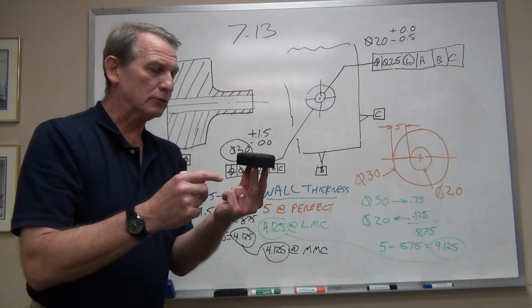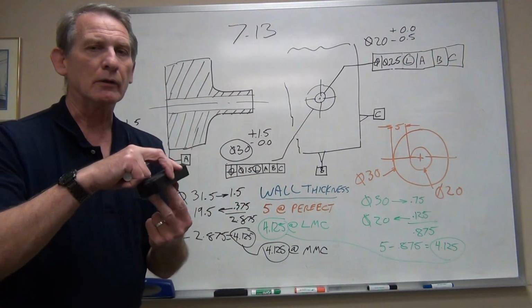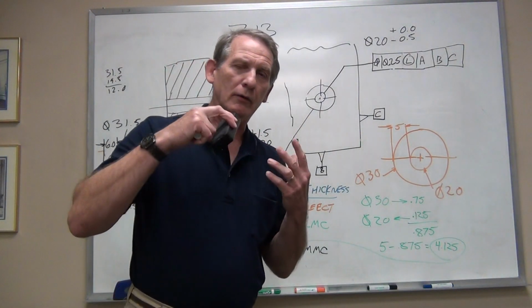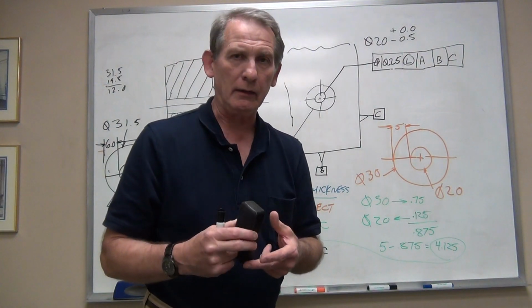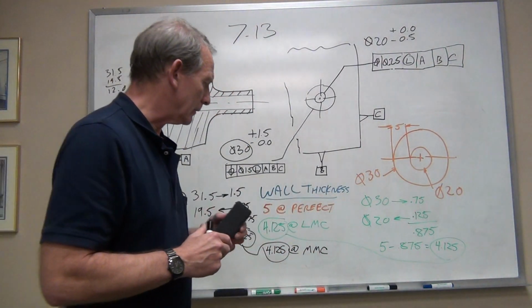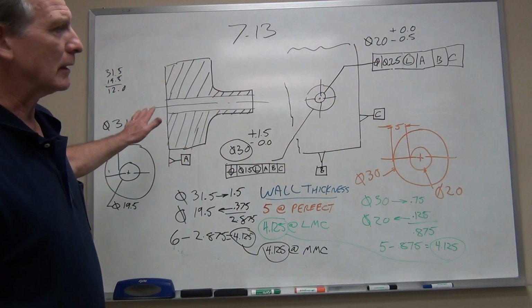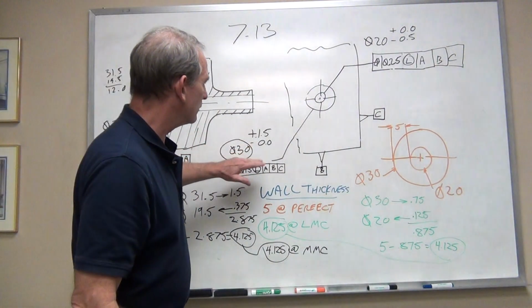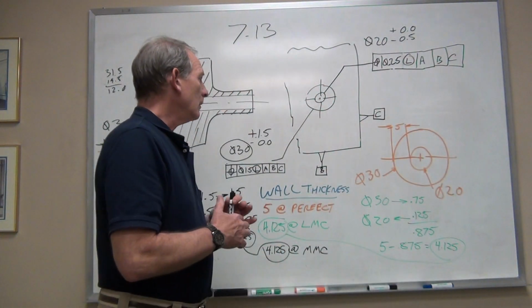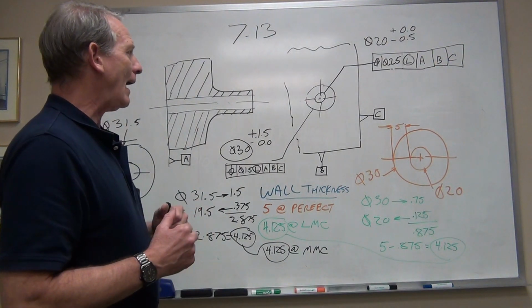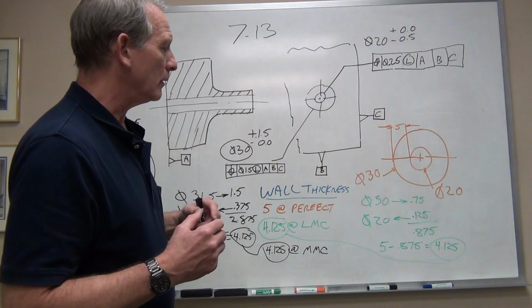We also constrained at B, and we're constrained at C. So in other words, if we have to touch those surfaces, the part is fully constrained. So just as a reminder, always evaluate what your constraint is. But it's not going to impact anything here because there are no material condition modifiers on the datum, or could there be.